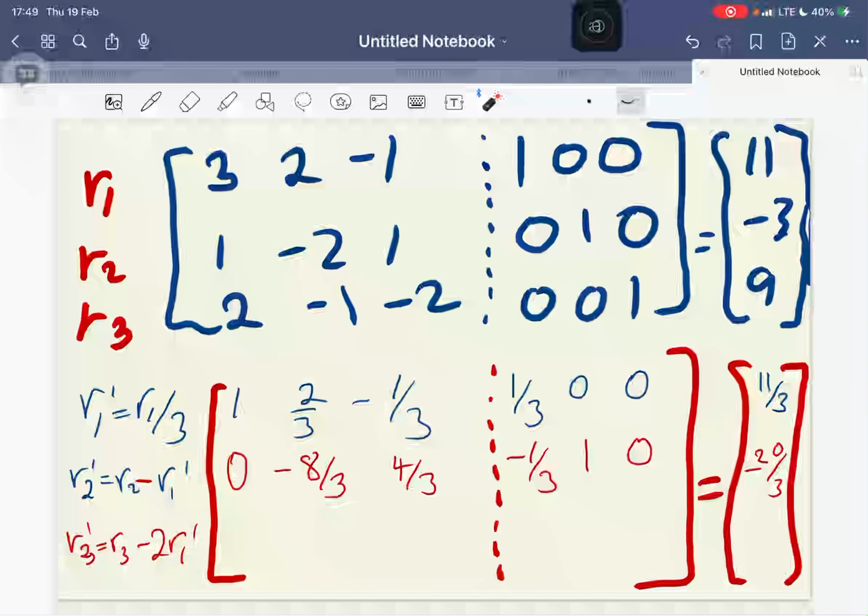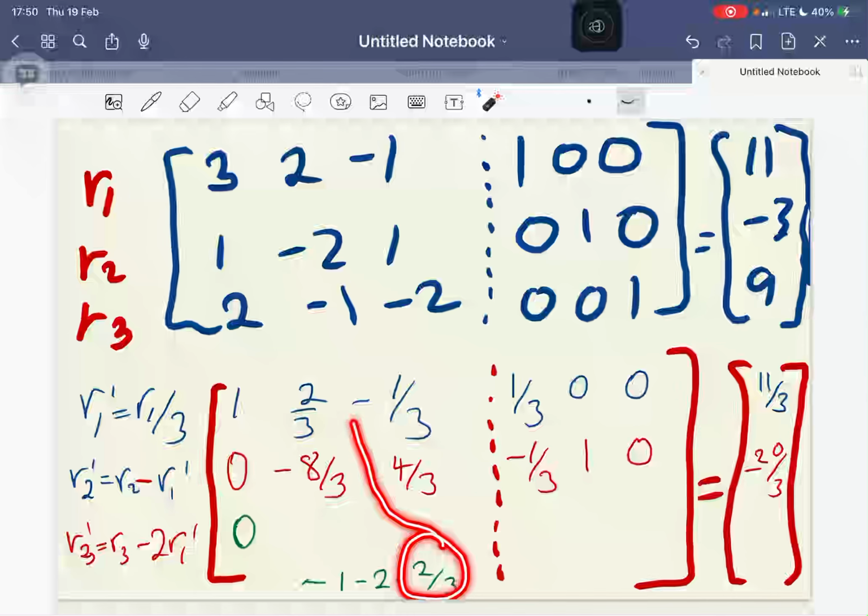So we now go ahead and apply our operation in our values. So we have 2 minus 2 times R1, which is 0, right? Then the next is our minus 1. Minus 1 minus 2 times 2 over 3.